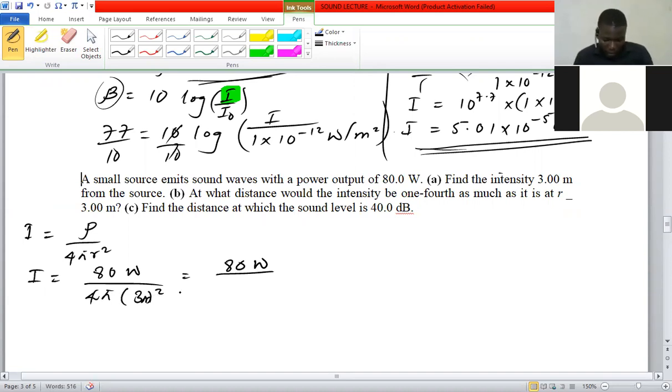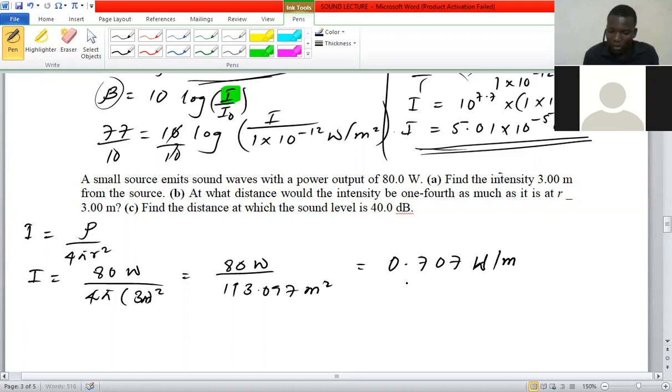So here we have 113.097 square meter, and we have the intensity of 0.707 watt per square meter.